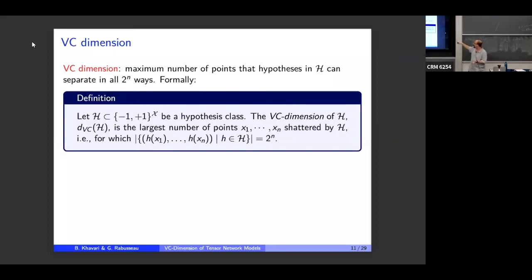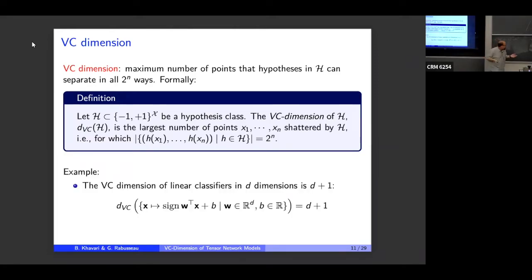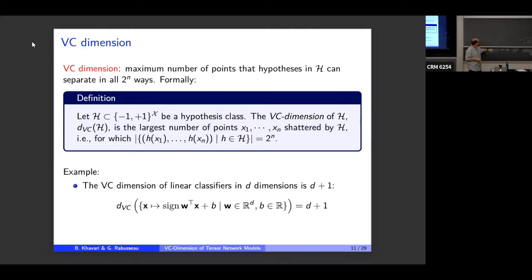More formally, if I have a set of hypotheses, functions from x to minus 1, plus 1, the VC dimension will be the largest n such that there exist n points that are shattered by H, meaning that if I look at every possible classification that I can do using my hypothesis class on this fixed set of points, I can achieve all possible 2 to the n labelings of my data.